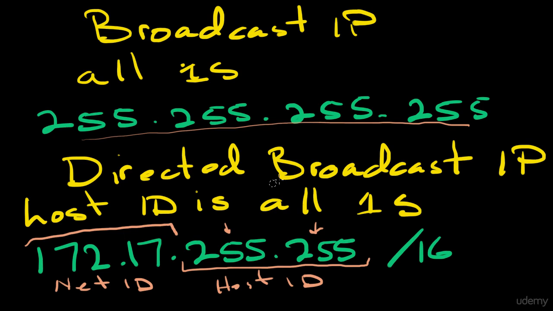Whereas the directed broadcast IP is saying send this packet to everyone on the 172.17 network. So that's a big difference. The broadcast IP is saying send this packet to everyone in the universe, and the directed broadcast IP is saying send this packet to everyone in Ireland, for example.